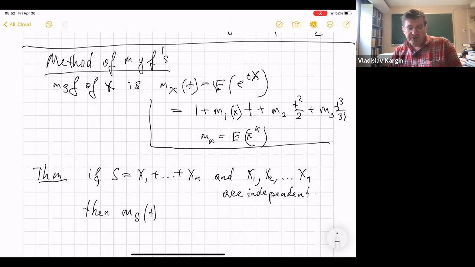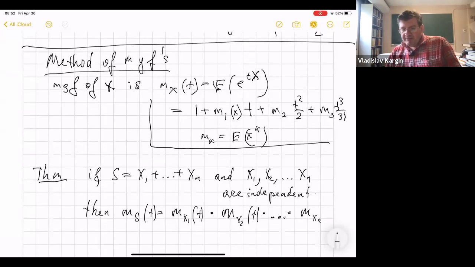So M_S of t is equal just to the product of the MGFs: M_x1 of t multiplied by M_x2 of t, multiplied by so on, multiplied by M_xn of t.